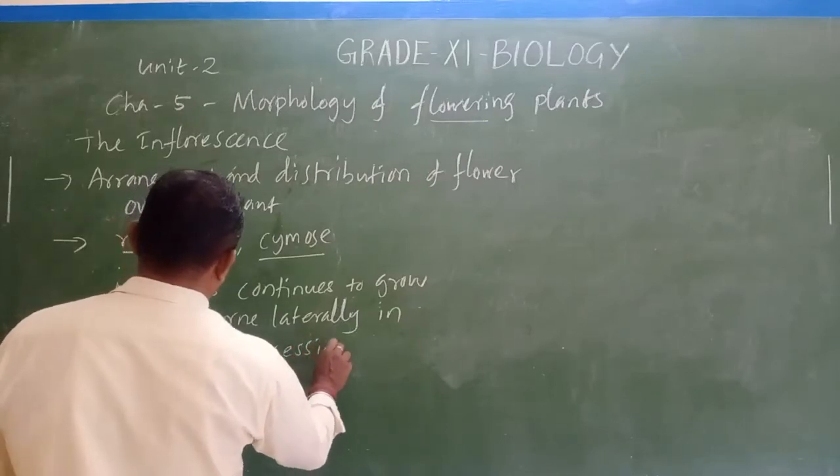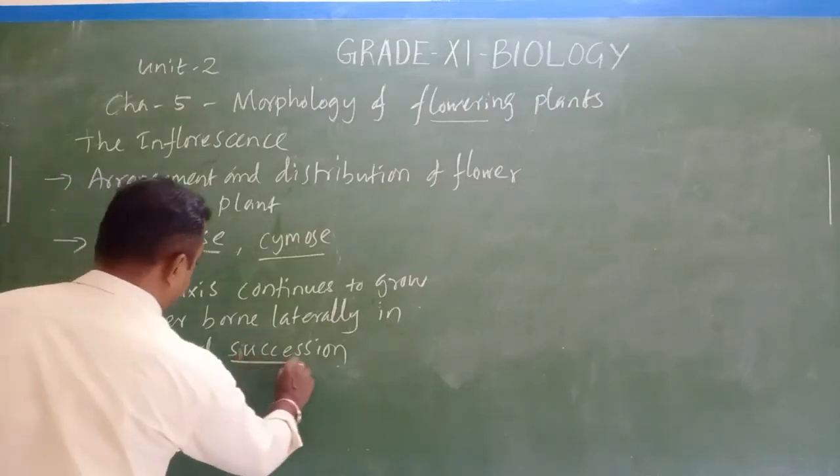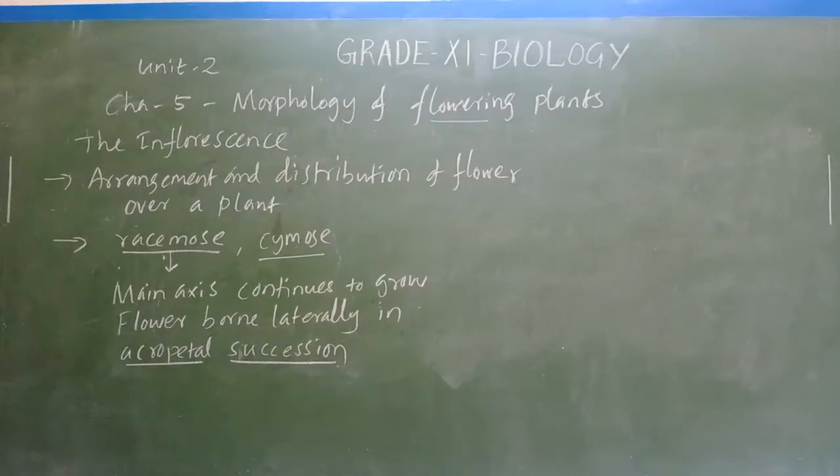Acropetal succession. The main axis continues to grow. Flowers are born laterally in acropetal succession. What is that?